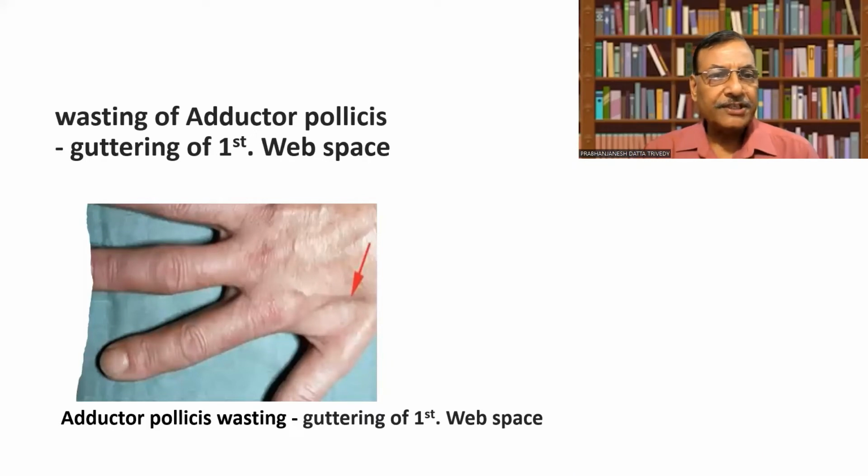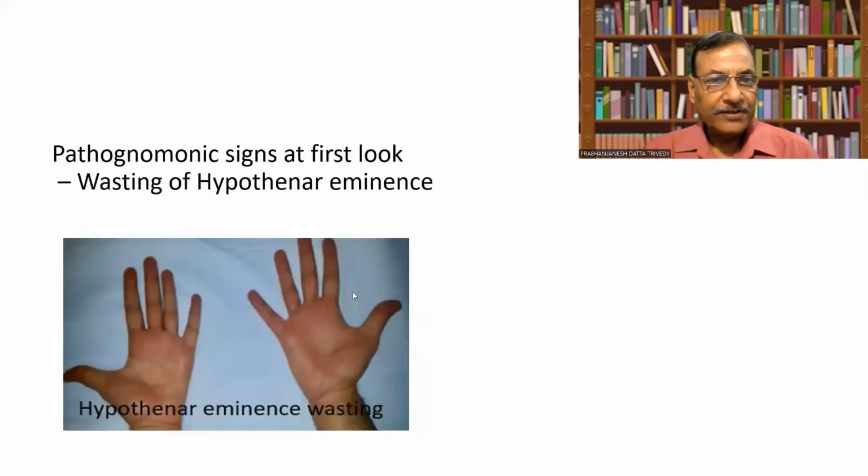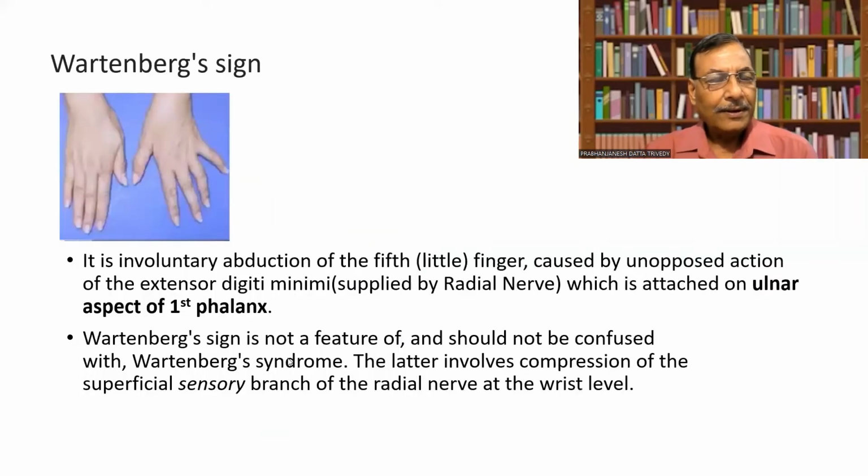We will be seeing wasting of adductor pollicis on the first look, and it is the guttering of the first web space. Wasting of the hypothenar muscle eminence is also seen in this case. Here you can see it, here it is normal. There is a Wartenberg sign. What is it?